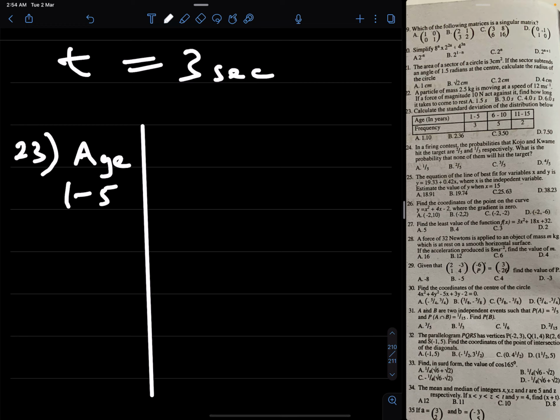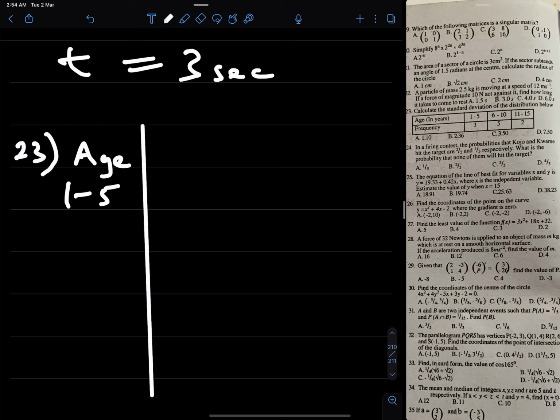The age groups are 1 to 5, 6 to 10, and then 11 to 15. The frequencies are 3, 5, and 2.